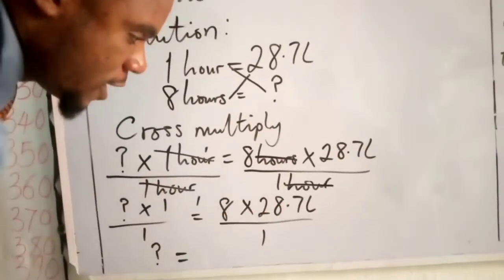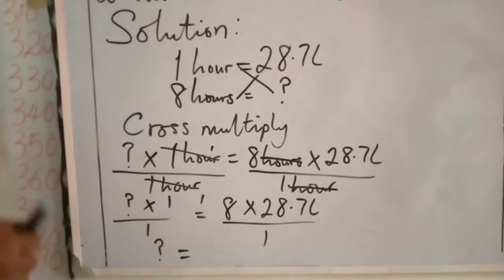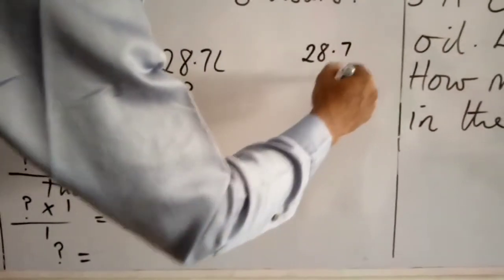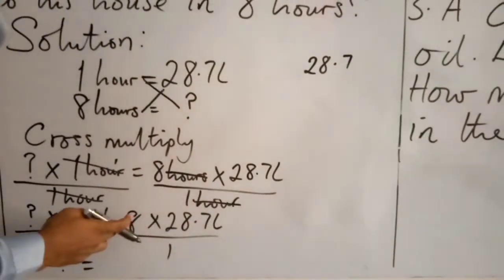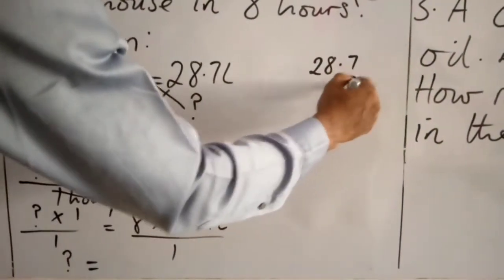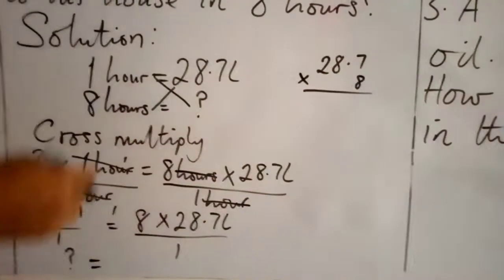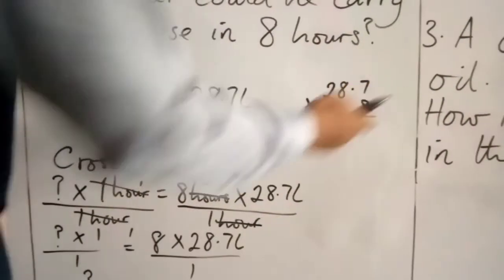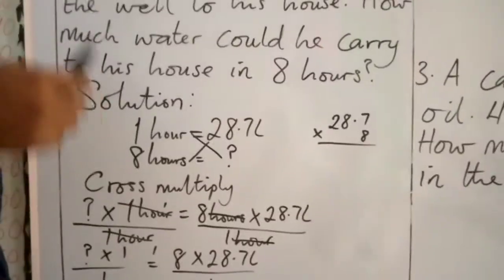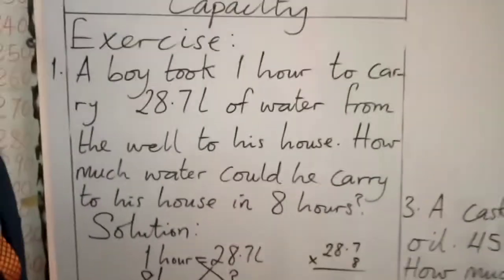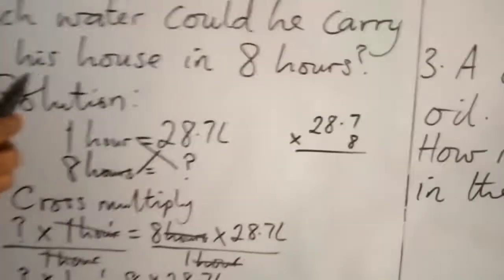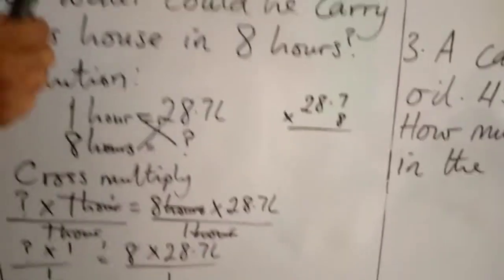8 times 28.7 liters. So let's come here to do that. 28.7 liters times 8. So let's multiply this. In our 8 times table, what is 8 times 7? Remember your 8 times table.